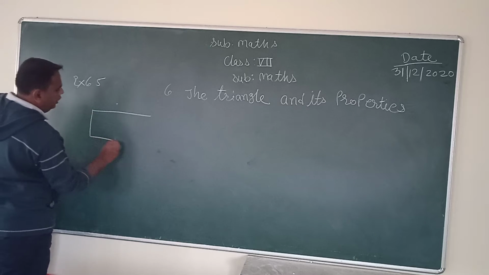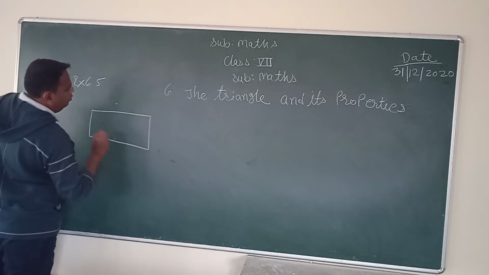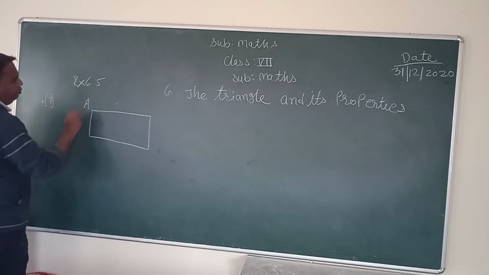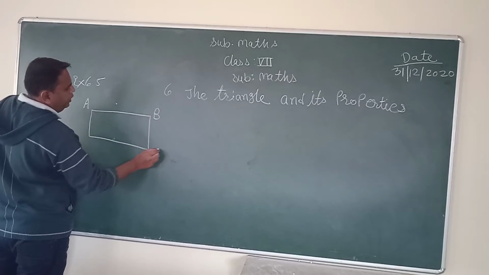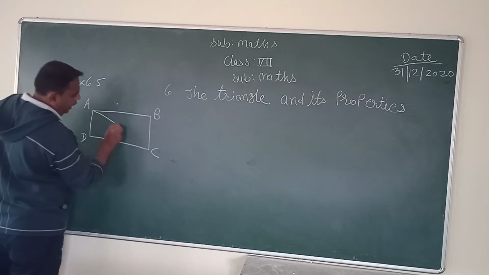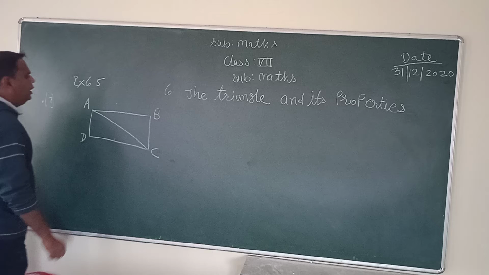It is a rectangle. We give the names A, B, C and D. Here AC is a diagonal of this rectangle.